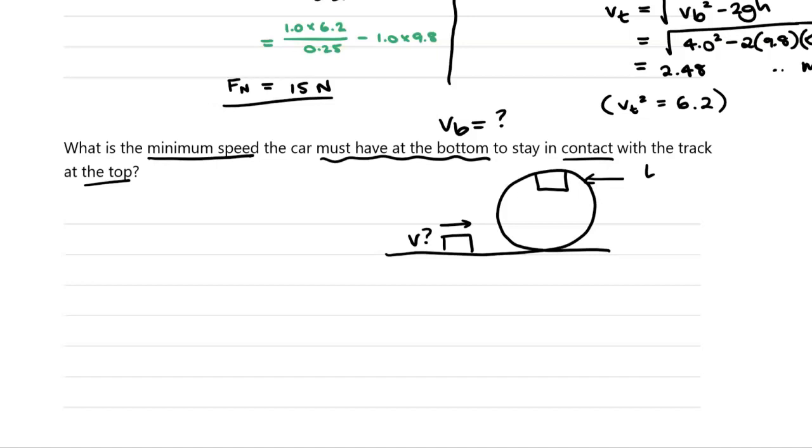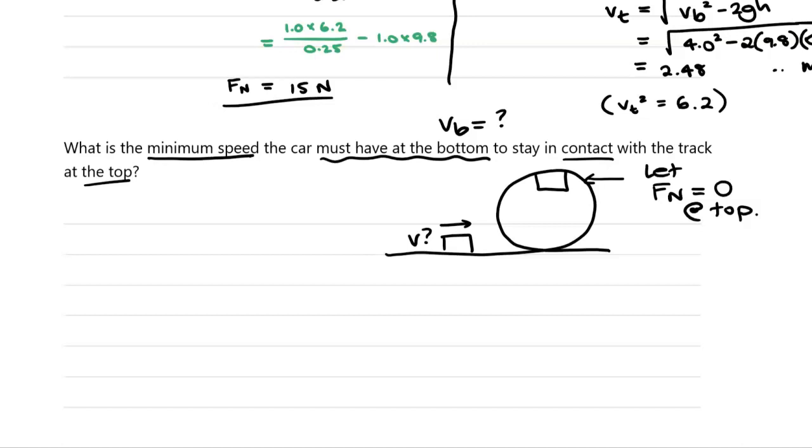We're going to let the normal force equal 0 at the top for the very first time. And we're going to look at what velocity would be required for the normal force to be 0 there. Remember, that means that the cart is just not in contact, very similar to when we were swinging things around on the rope and that tension had just gone to 0.